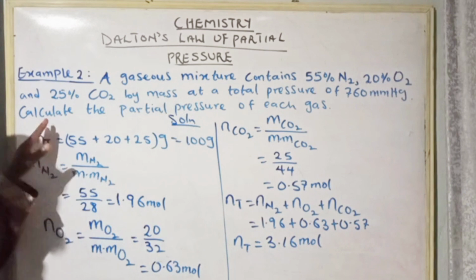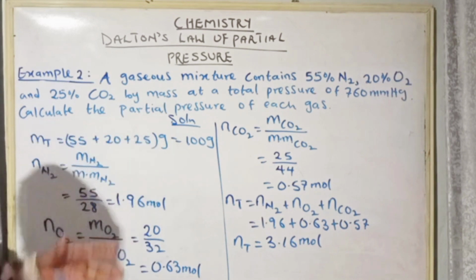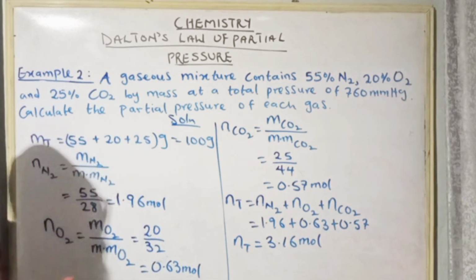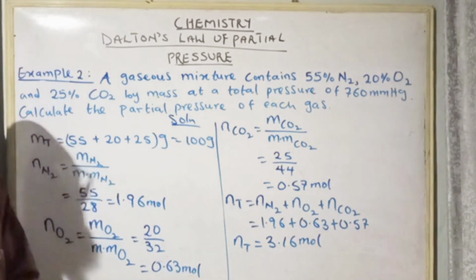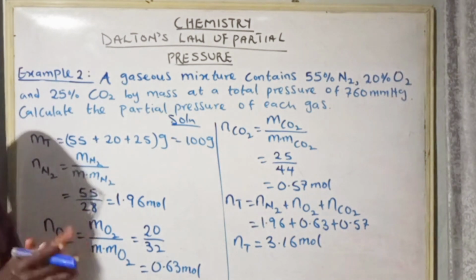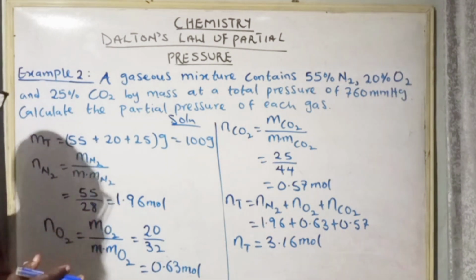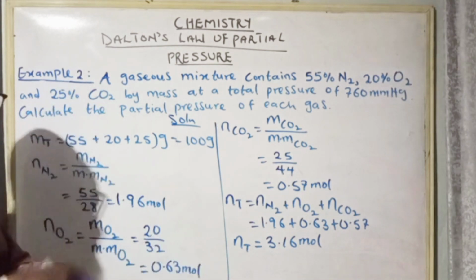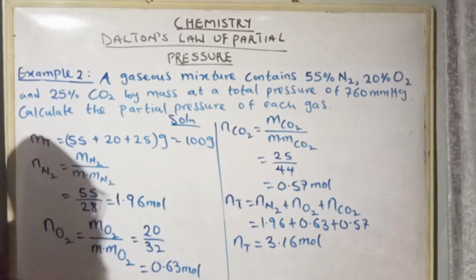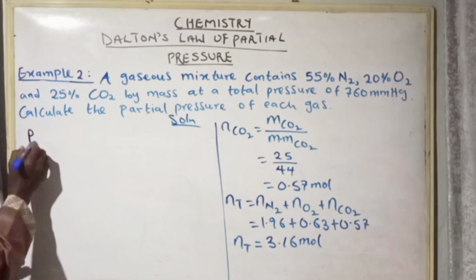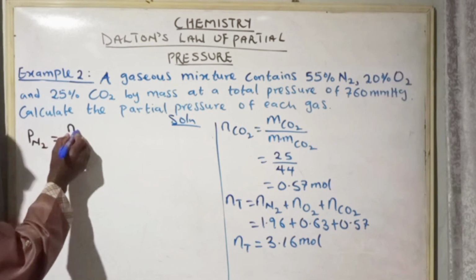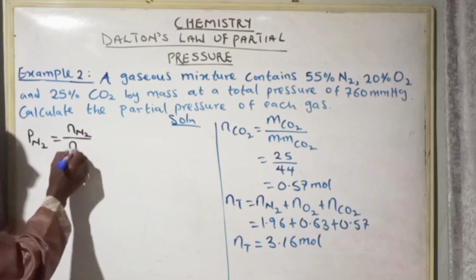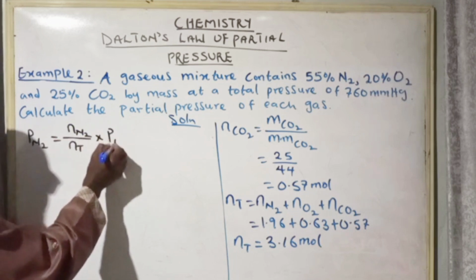So we're now asked to calculate the partial pressure of each gas. Don't forget how to calculate the partial pressure. Partial pressure of nitrogen equals the mole fraction of nitrogen multiplied by the total pressure. And you know your mole fraction equals the number of moles of nitrogen over the total number of moles. So the partial pressure of nitrogen equals the number of moles of nitrogen over total number of moles multiplied by total pressure.